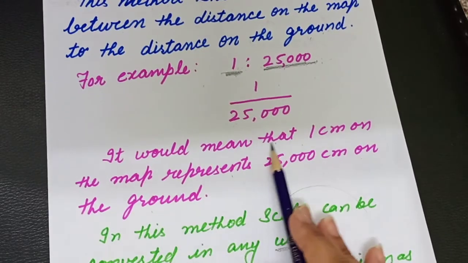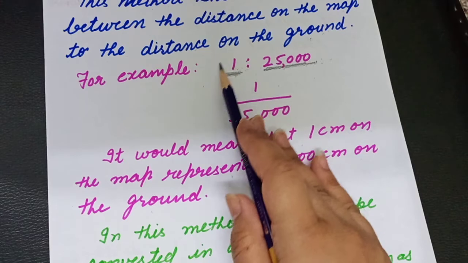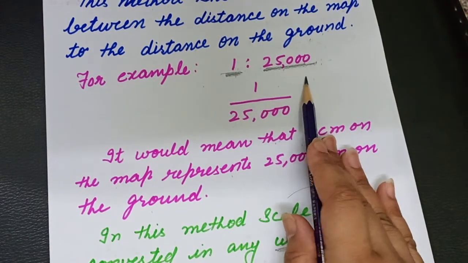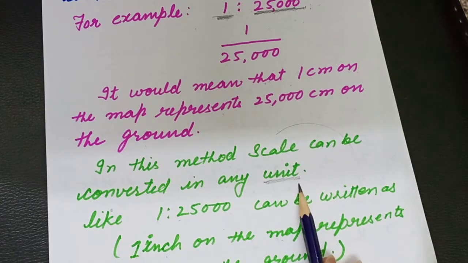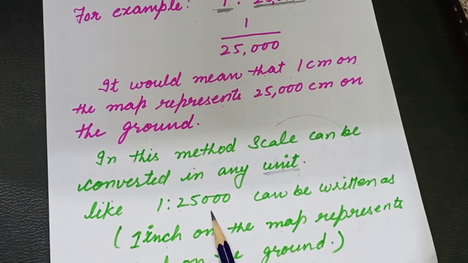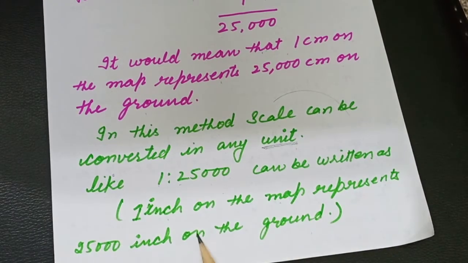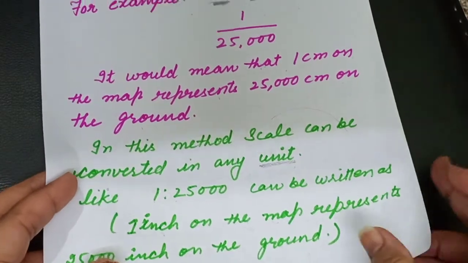So in this method, scale can be converted in any unit, like 1 ratio 25,000 can be written as 1 inch on the map represents 25,000 inches on the ground. So that is representative fraction.